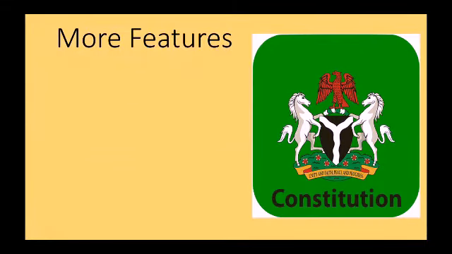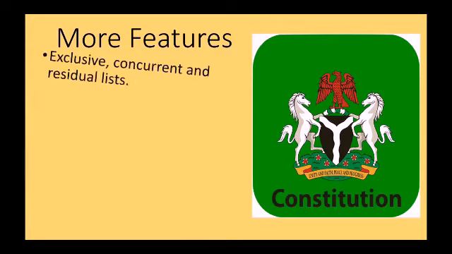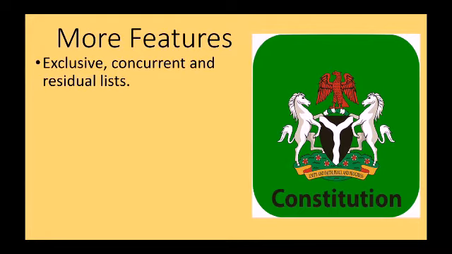Another feature of it is that there were the exclusive, concurrent, and residual lists. The exclusive list was operated on by the central government, while the concurrent list was for both the central government and the state government, and the residual list was strictly for the state government.